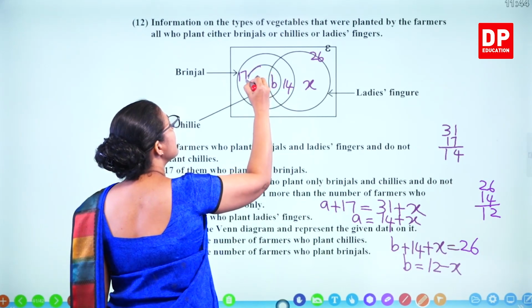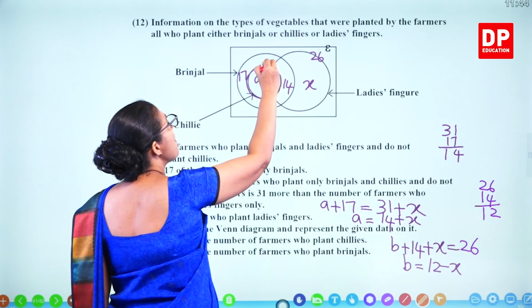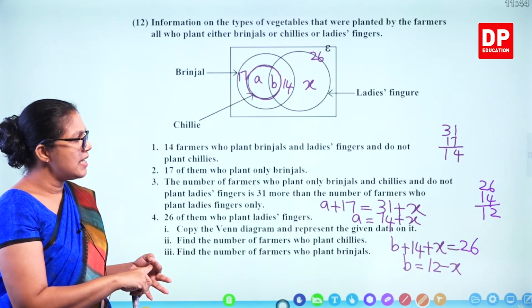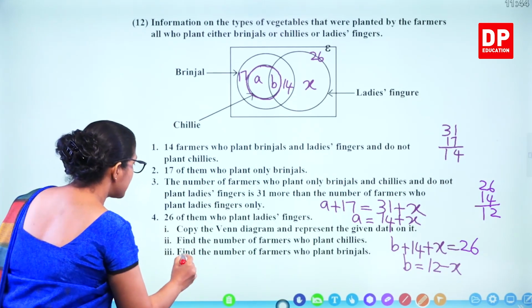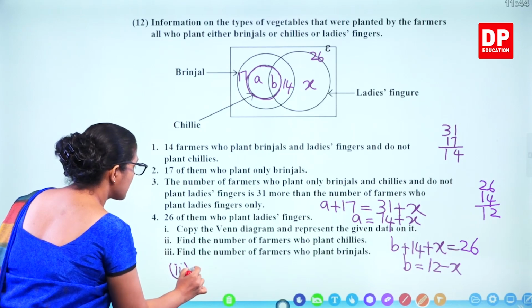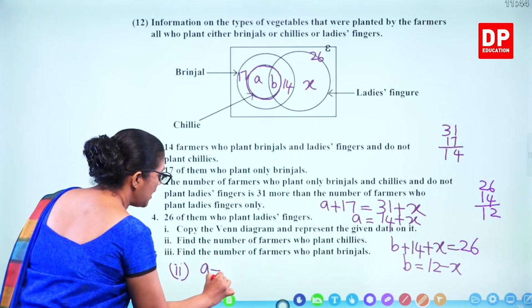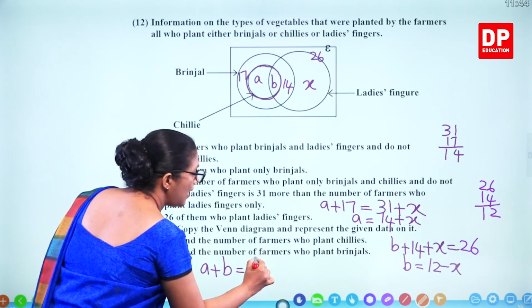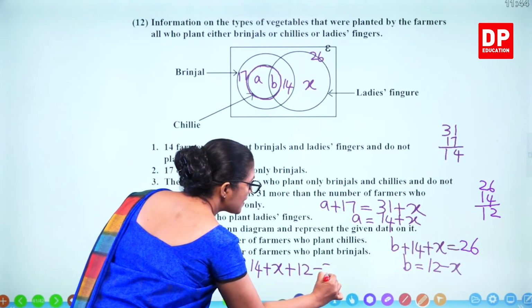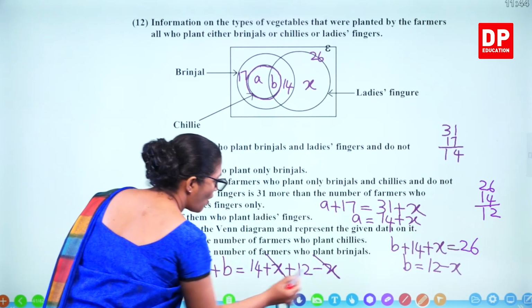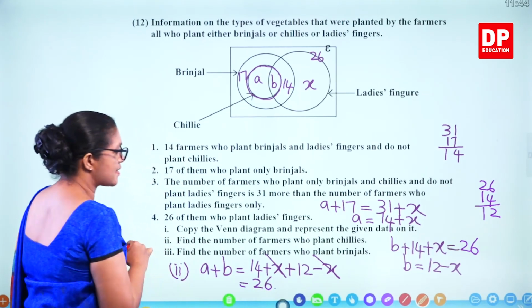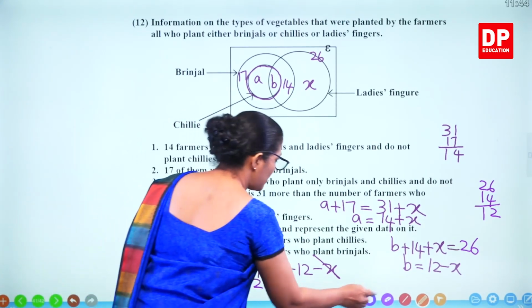Chilies is this circle. So that means A plus B. We have A in terms of x, we have B in terms of x. Just add it. So I'm answering the second part. So A plus B we need. A is 14 plus x. B is 12 minus x. Can you see x get cancelled out? You get 26. So the answer for part 2 is 26.